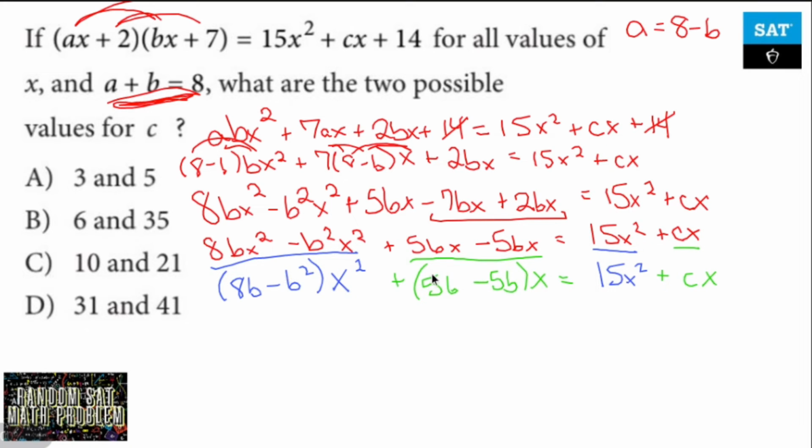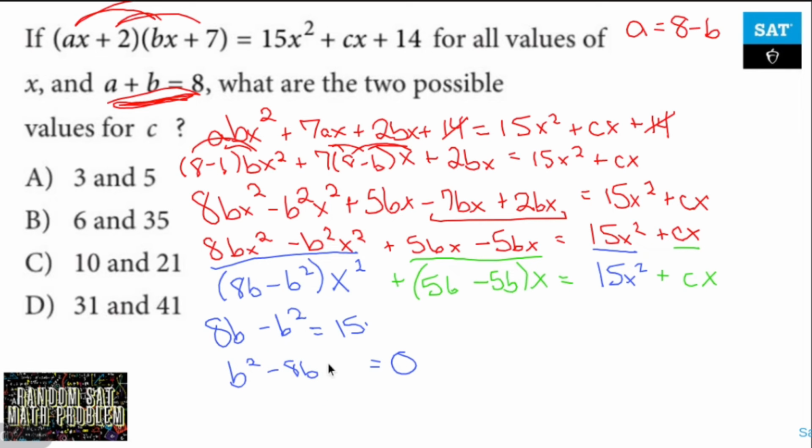I know that this stuff times x squared is equal to 15x squared. So stuff equals 15. I'm going to write that in blue right here. I have 8b minus b squared equals 15. That looks like a possible factorable quadratic. So I'm going to add b squared to both sides and subtract 8b.